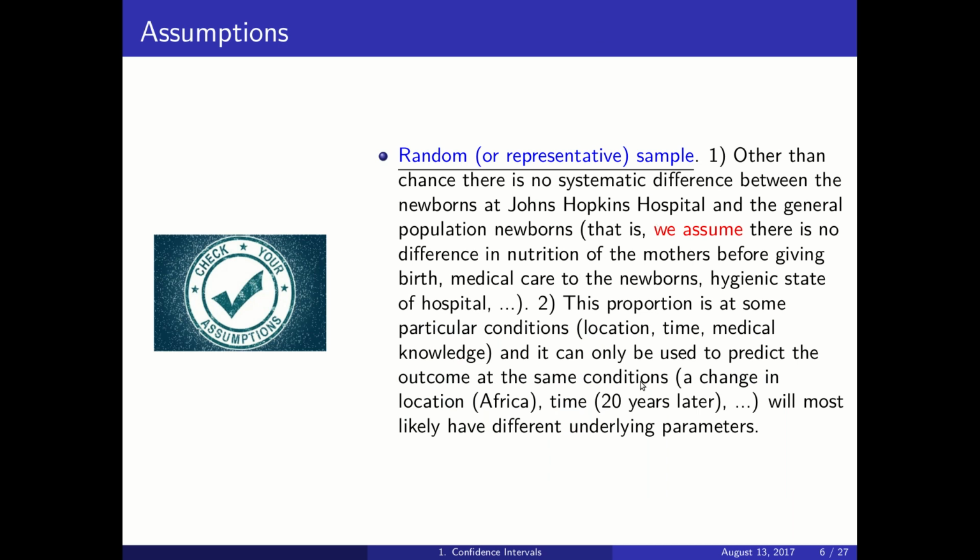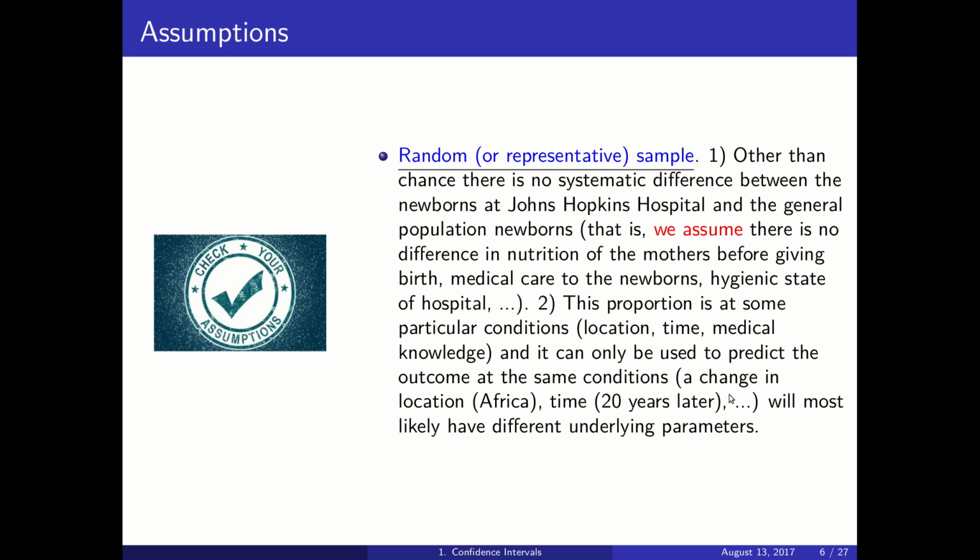So we are also assuming, when we extrapolate to a more general population, that this proportion can be used to predict under the same conditions of location, time, medical knowledge, etc.